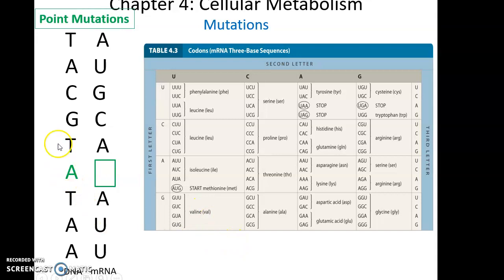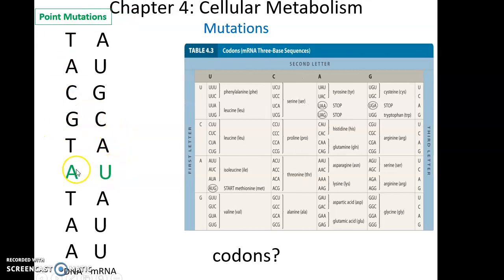I'm sorry, I lied. Let me start over. Point mutation, you get a change in the DNA, so one single nucleotide is different, which means you now have a different nucleotide in the resulting messenger RNA.